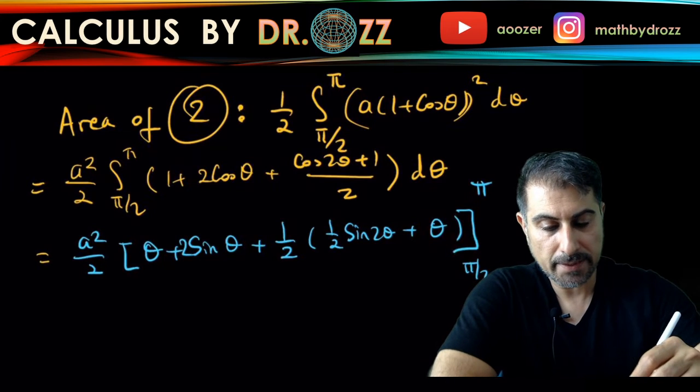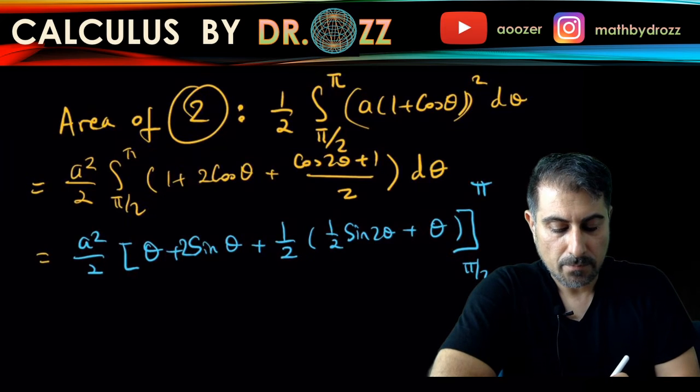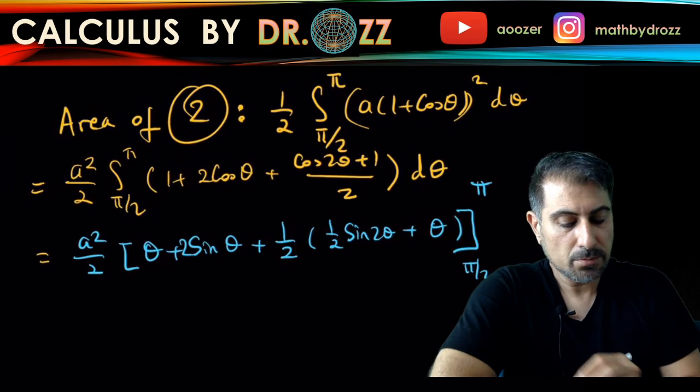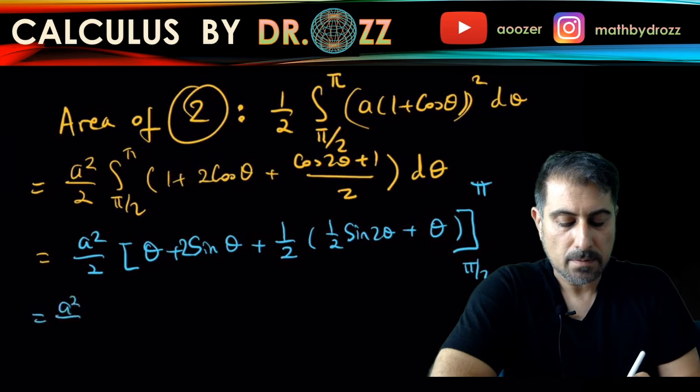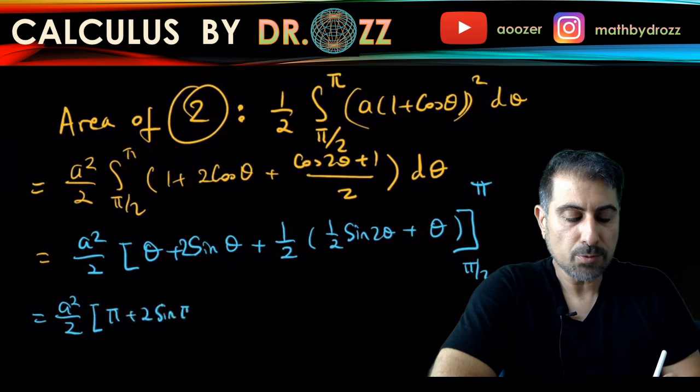All right, so let's plug in the upper limit. A squared over 2 times pi, 2 sine pi, 1/4 sine 2 pi, and pi over 2.